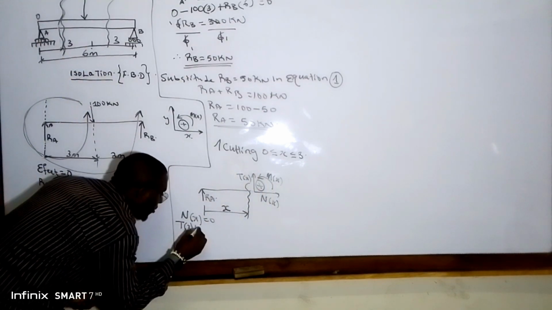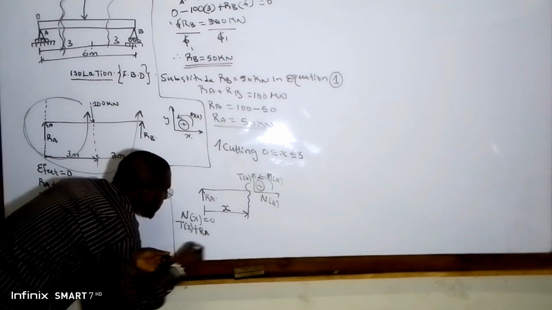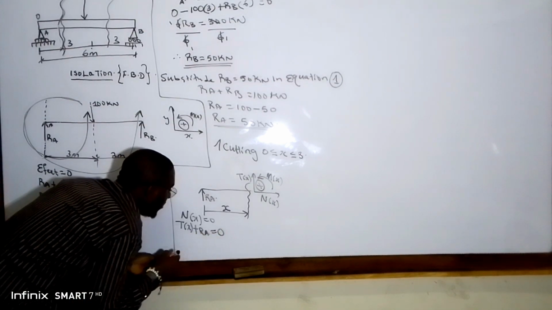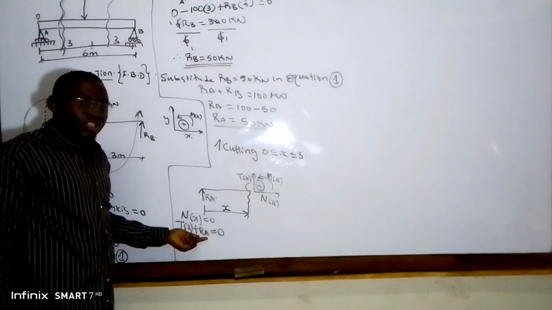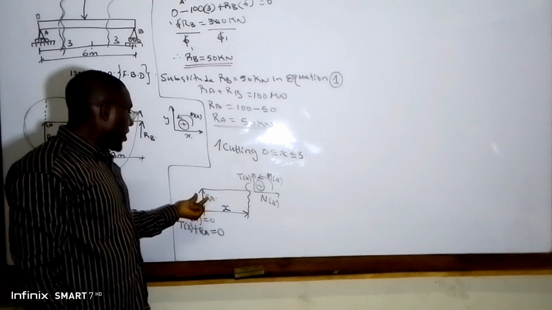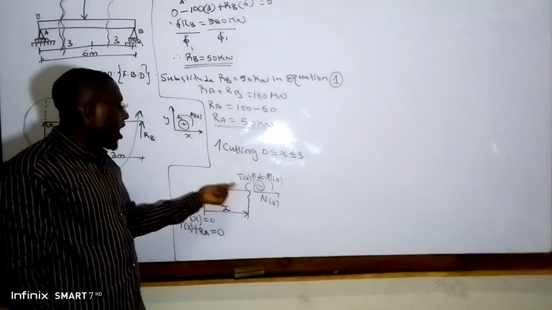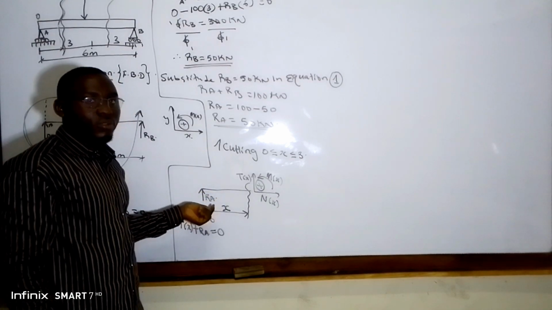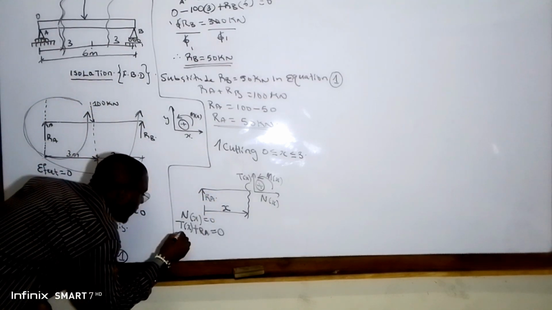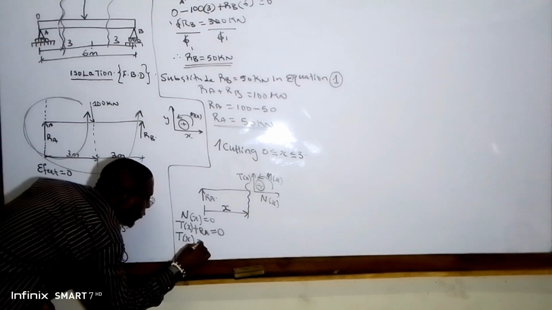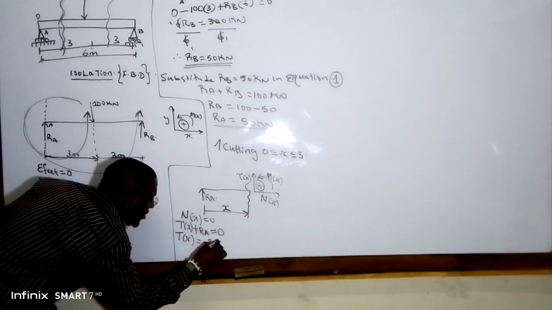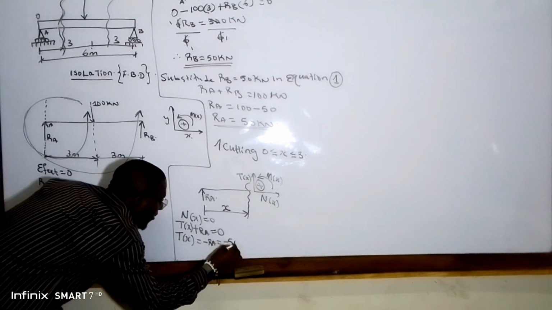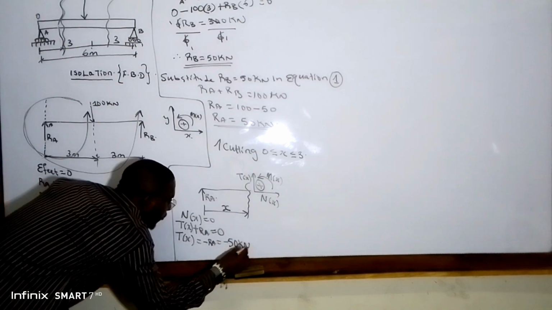So we have plus RA is equal to 0. The reason why we are working just with RA is because RA is the only force that appears on our isolated section. So let's look for our shear force. T of x is equal to negative RA, which is equal to negative 50 kilonewton.